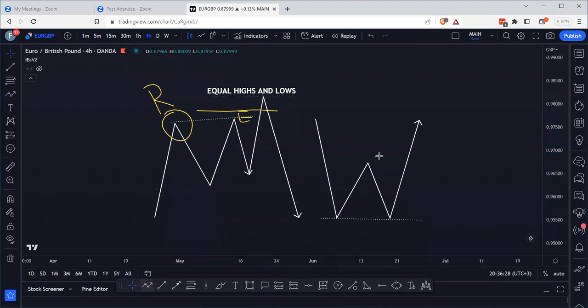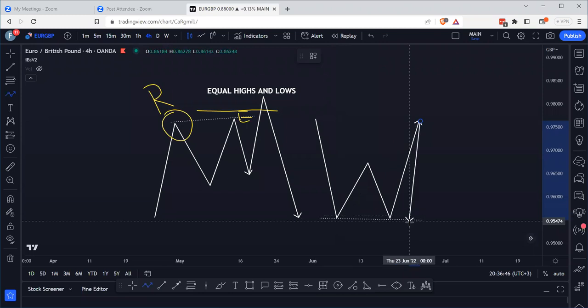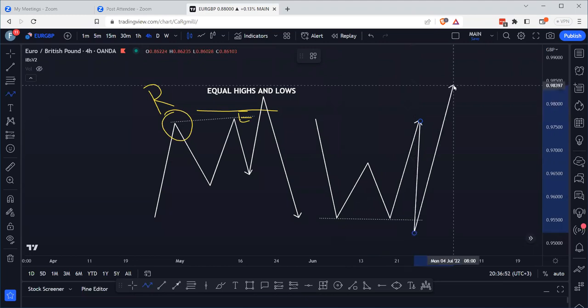Likewise, price will come down and take out people's stop losses here, because over here, people would have taken entry for a buy and put their stop loss below the zone. So price will come down and grab people's liquidity before going all the way up.